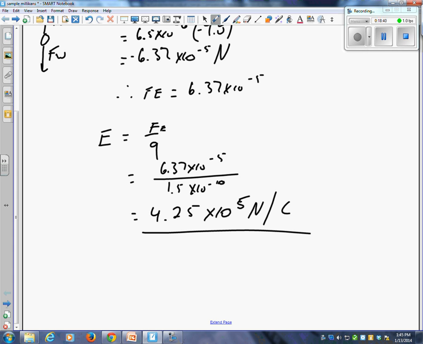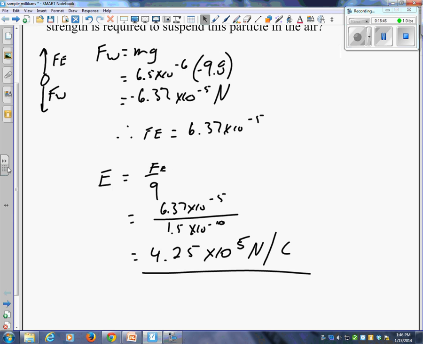And what's the E? E stands for electric field strength. Fe is electric force. So really, that's only 2 marks, right? Like there's that part and there's that part. E equals force over charge, right?